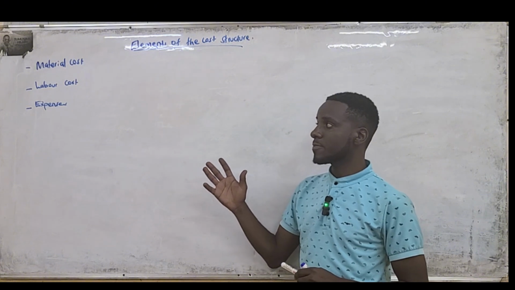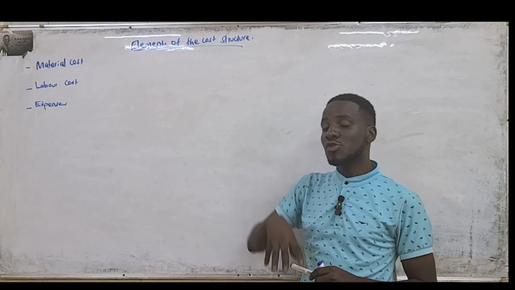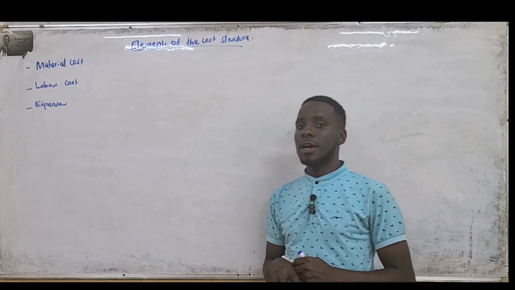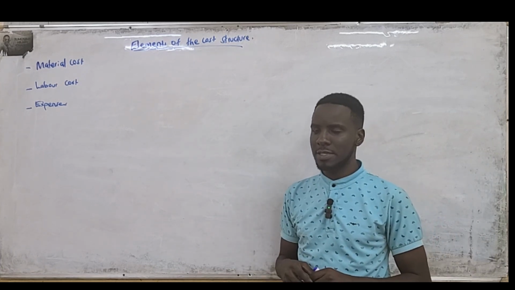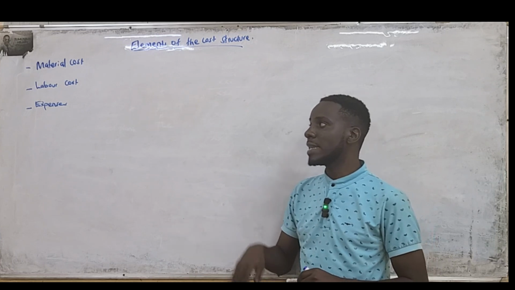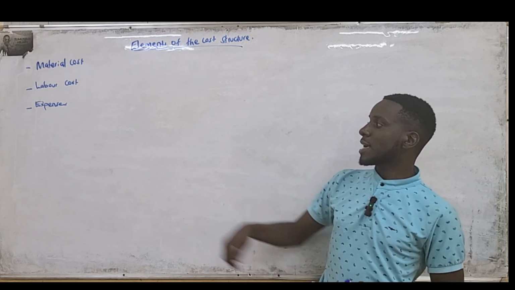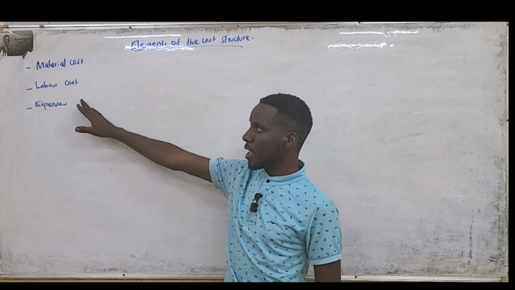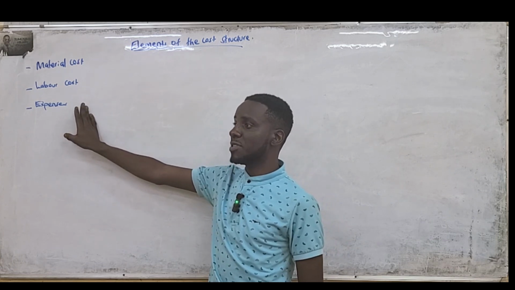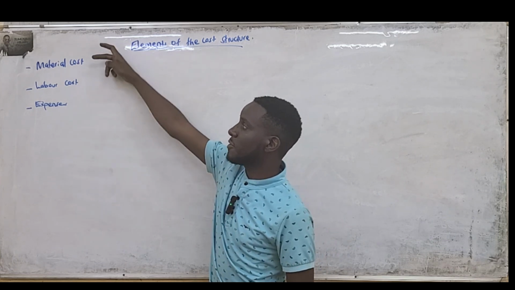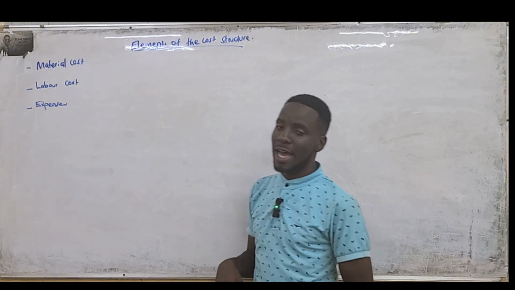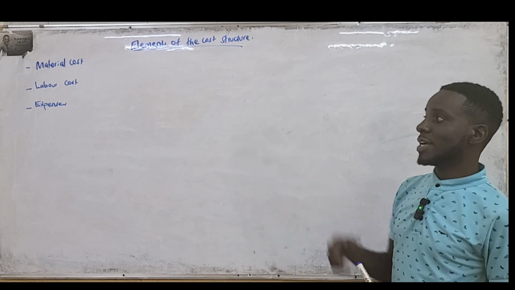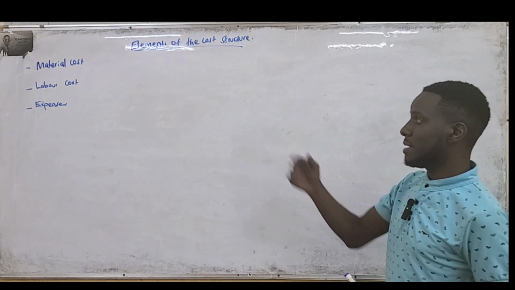Then labor cost, this is the cost of the human effort that is being involved in the production of goods and services. Then when it comes to the expenses, all other expenses or other costs that do not fall under material cost or labor cost will be grouped under expenses. So that's what we call the elements of the cost structure.